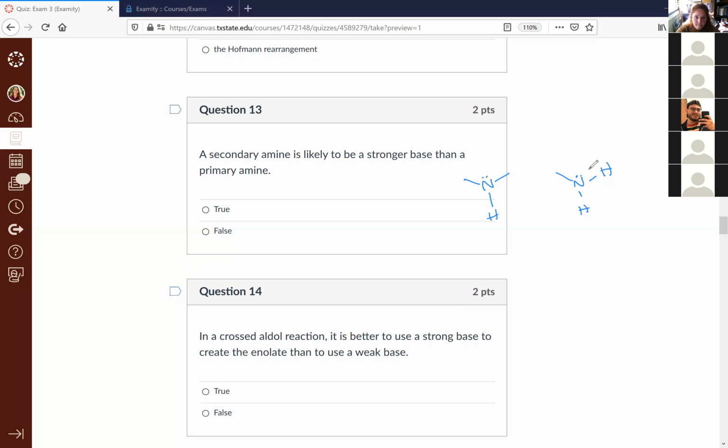Does anybody know? True. Yeah, this is true. So alkyl groups are electron donating, so you are increasing the electron density of the nitrogen. That makes it a better base. It's true.